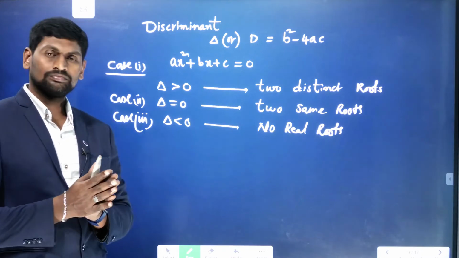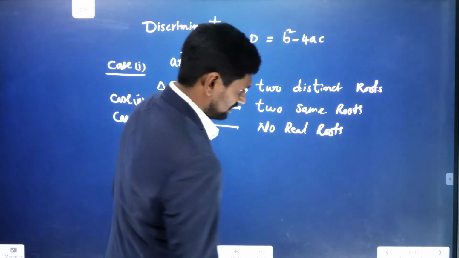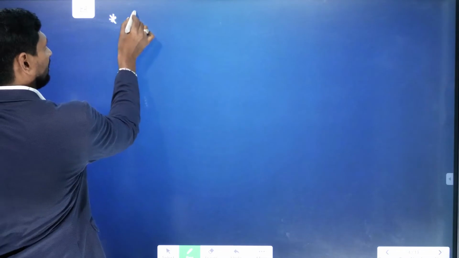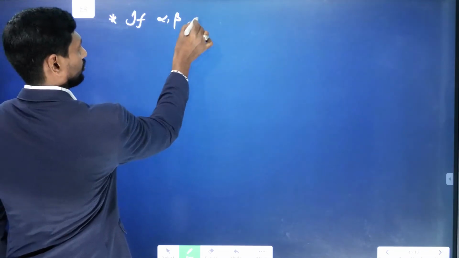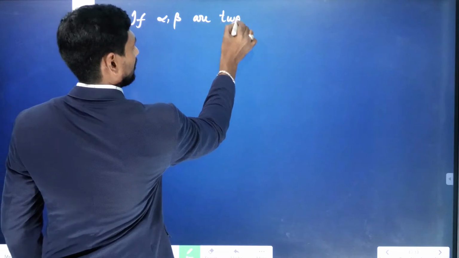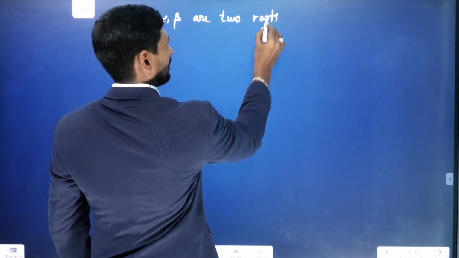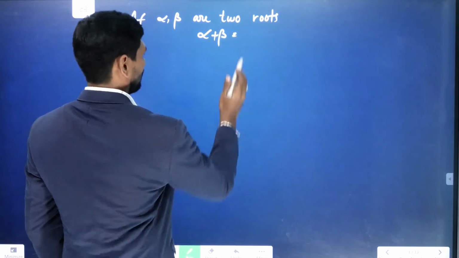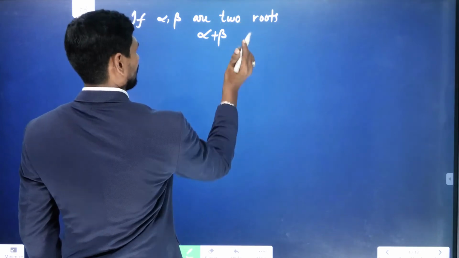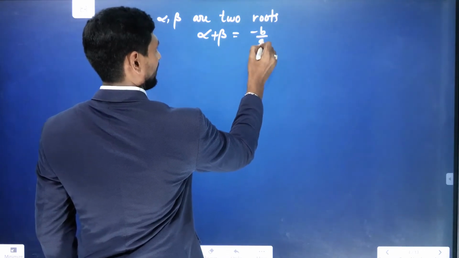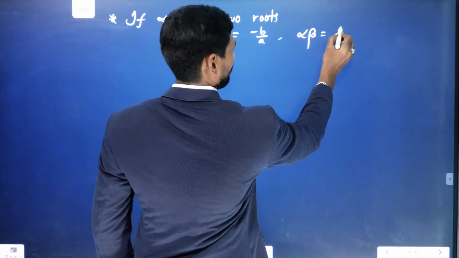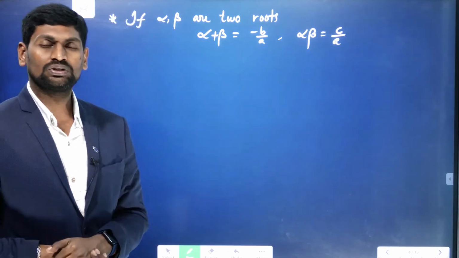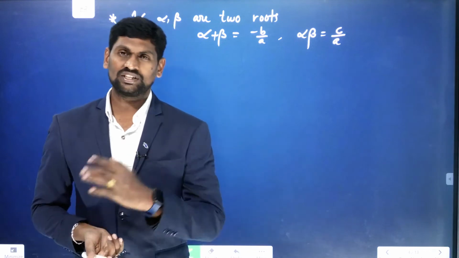Now, in the previous class, we learned that if alpha, beta are the two roots, the sum of roots alpha plus beta equals minus b by a, and alpha into beta equals c by a. That means if you already know the two roots, we can find the quadratic equation easily.